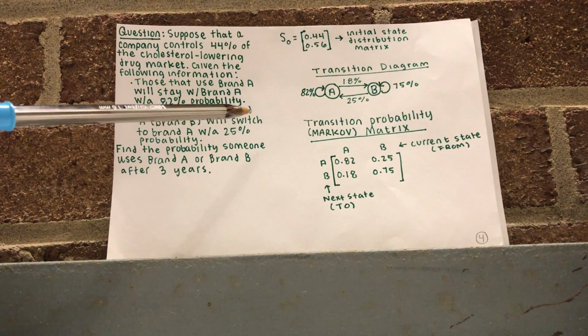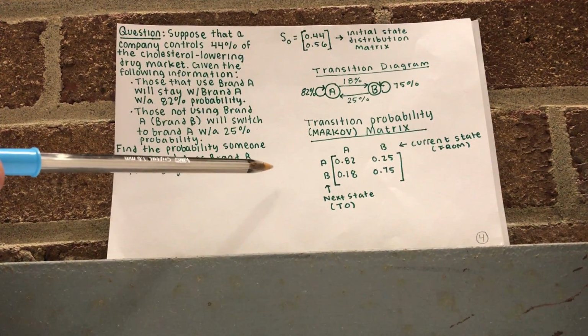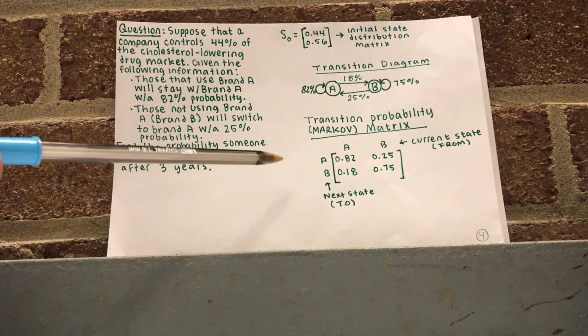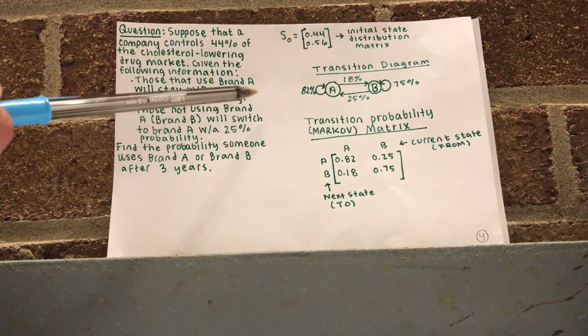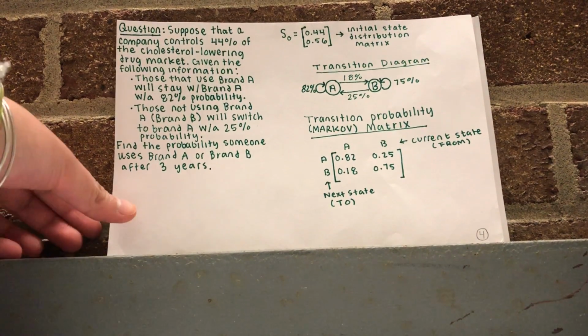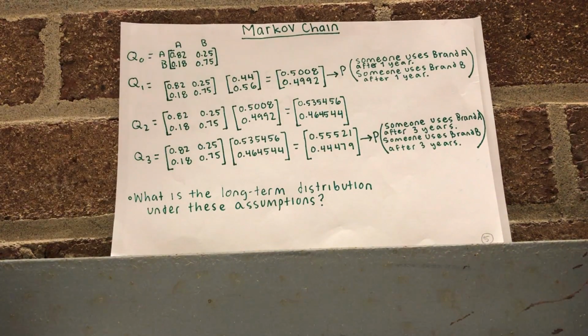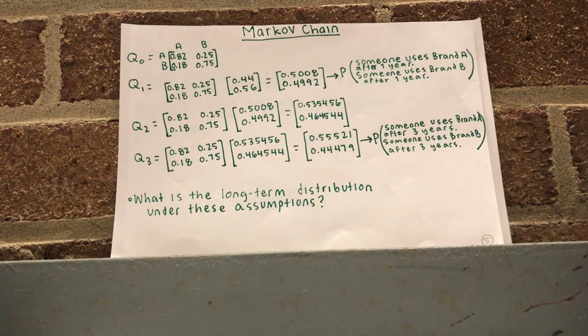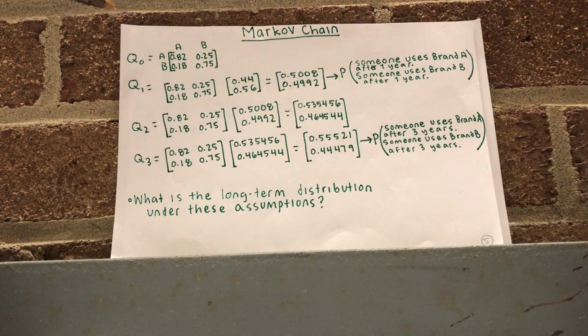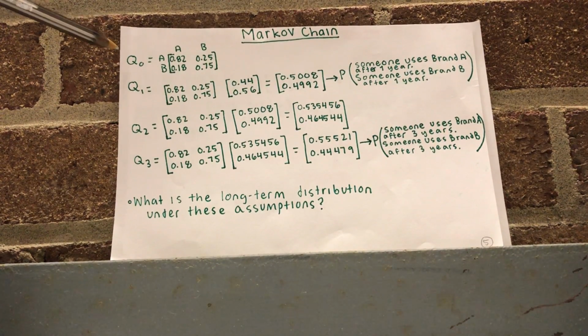Together with the initial state distribution matrix and the transition probability matrix, you can use the information to create a transition diagram. This is what a Markov chain looks like visually. The transition probability matrix is Q sub 0.